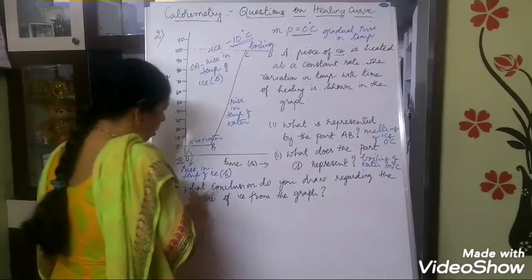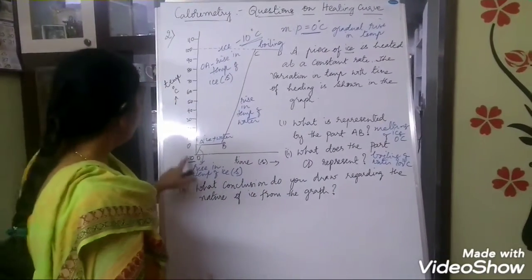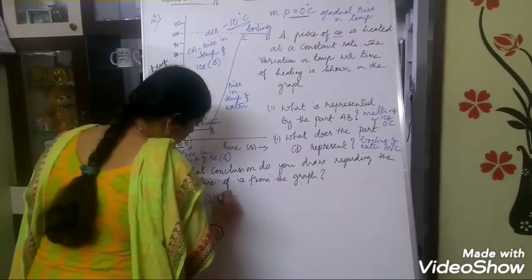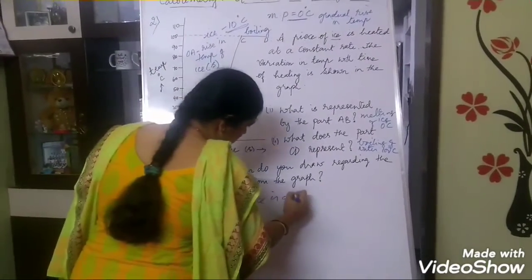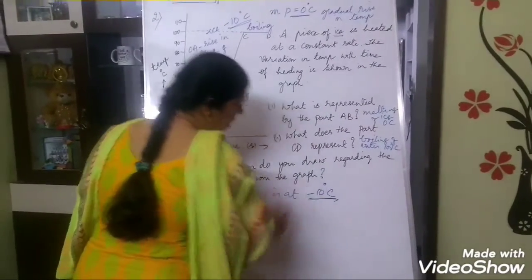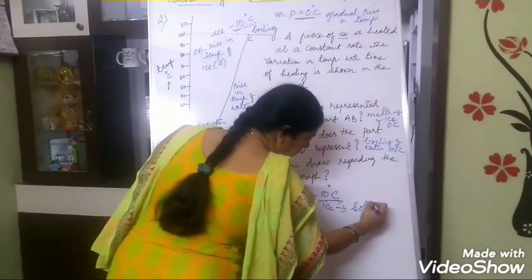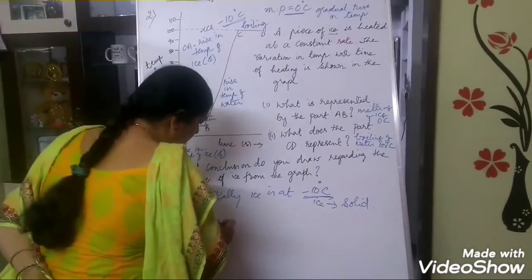Now third question, what conclusion do you draw regarding the nature of ice from the graph? So if you observe the graph, initially at what temperature is the ice? Initially ice is at minus 10 degrees Celsius. As I have told you, at minus 10 degrees Celsius, ice remains in solid state only. So when you supply heat, what happens?